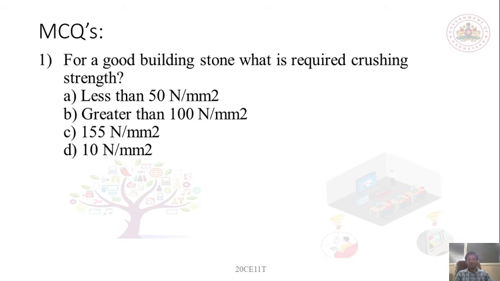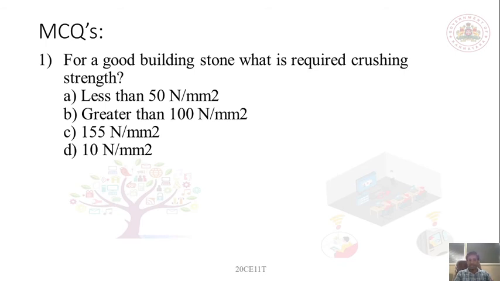Greater than 100 Newton per mm square is a requirement of a stone. 155 Newton per mm square is also a strength which is desirable for the stone. Greater than 100 Newton per mm square is also a desired strength. But which one are you going to choose now?